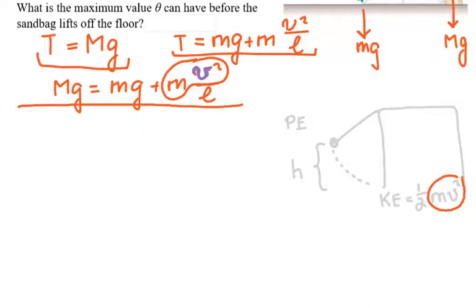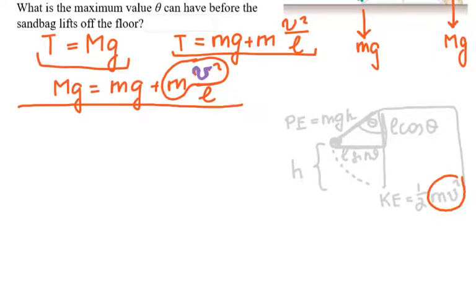So the potential energy is equal to mgh, and here is the angle. If I make this triangle right here, then this side becomes L cosine theta, because the length of the rope or cable is L, and the bottom is L sine theta, but I don't need the L sine theta.